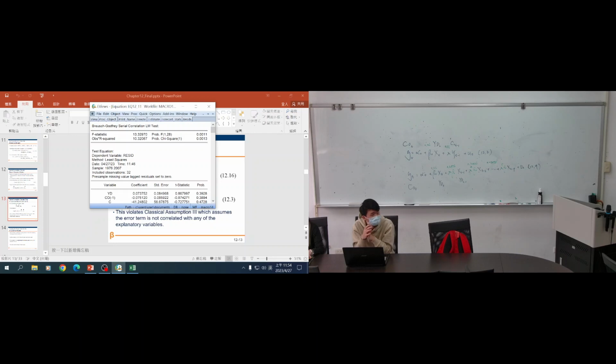Okay, then in the future we will talk about AR or MA, or the combination of AR and MA, and ARIMA. We call it AR and MA, but when they integrate together, we call it ARIMA. Those are for forecasting purposes.